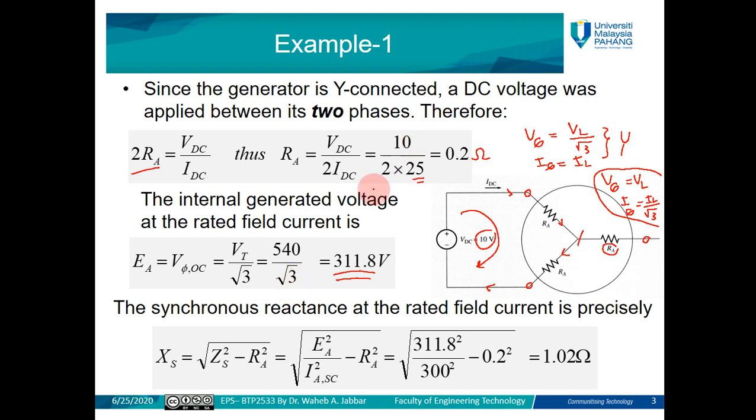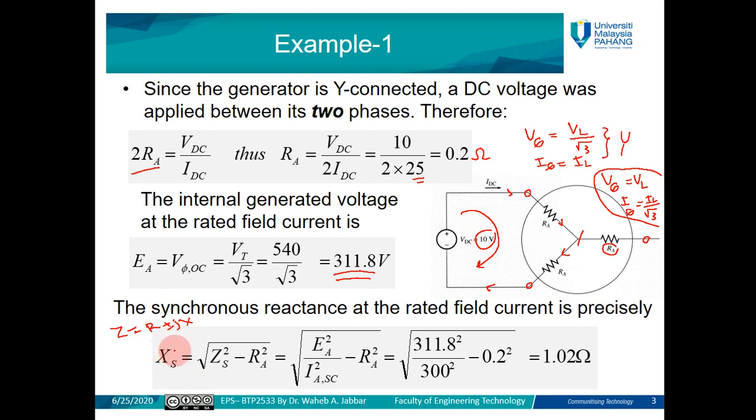The synchronous reactance here, or XS, can be found because usually the value of Z, when we learn Z, usually consists of two parts, R plus or minus JX, correct? So if it's XL, it will be plus. If it's XC, it will be minus. So in the case of the synchronous generator here, the Z will equal to RA plus JXS. This is the value in rectangular form.